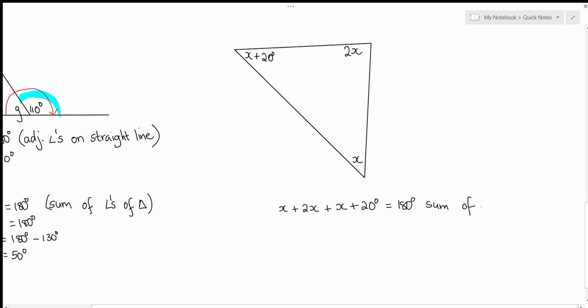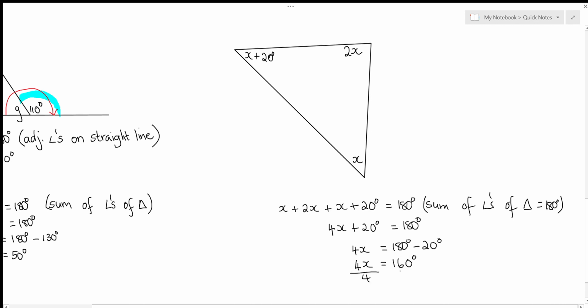Sum of angles of triangle equal 180. So x plus 2x is 3x. 3x plus x is 4x plus 20 degrees equal to 180 degrees. And here we're going to have 4x equal to 180 minus 20 degrees. And 4x is equal to 160 degrees. Then we divide both sides by 4. And we'll have x equal to 40 degrees.